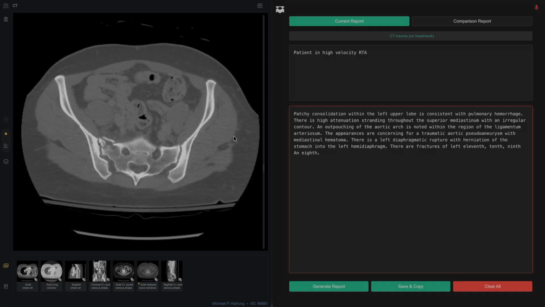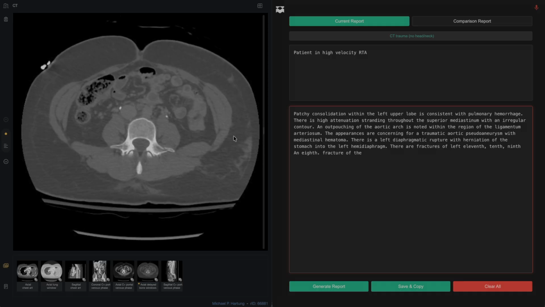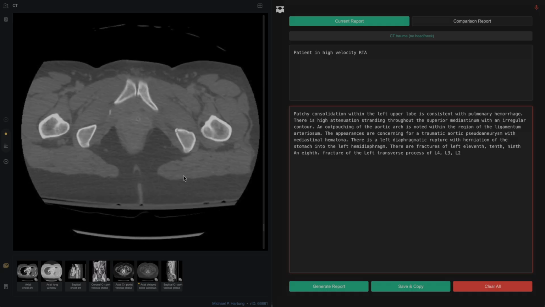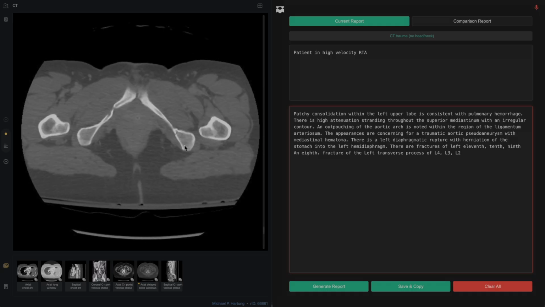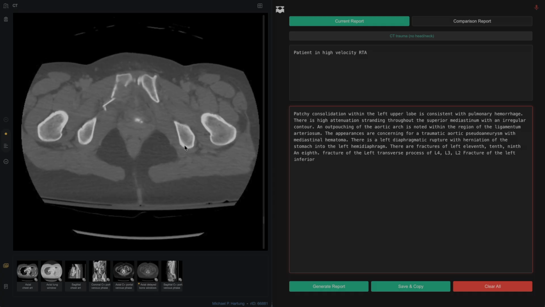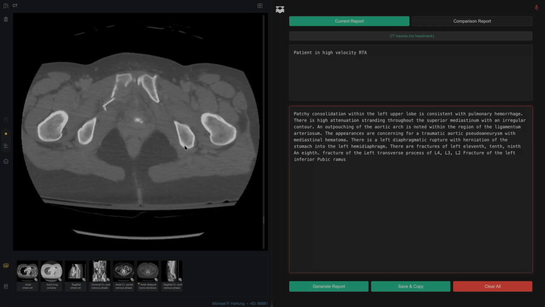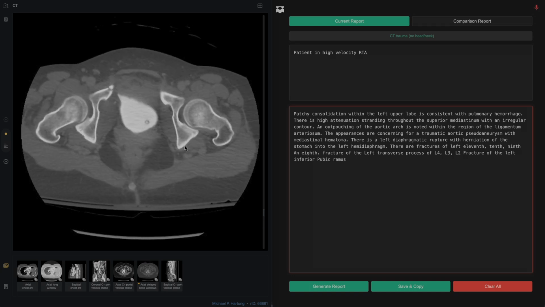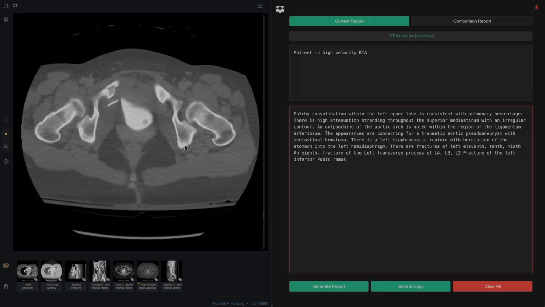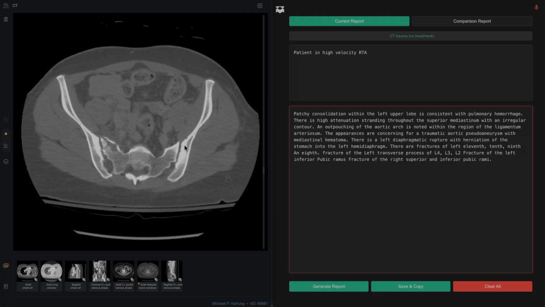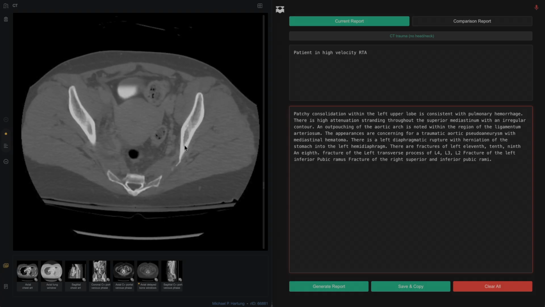Fracture of the left transverse process of L4, L3, L2. Fracture of the left inferior pubic ramus. Fracture of the right superior and inferior pubic rami. Complex right sacral alar fracture.